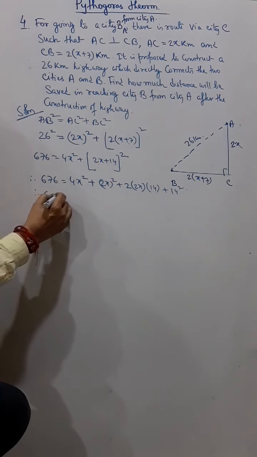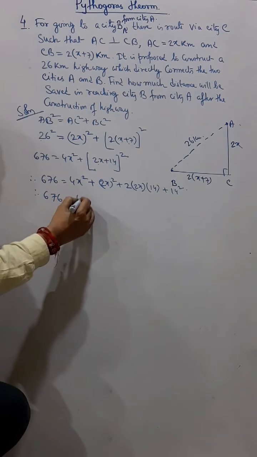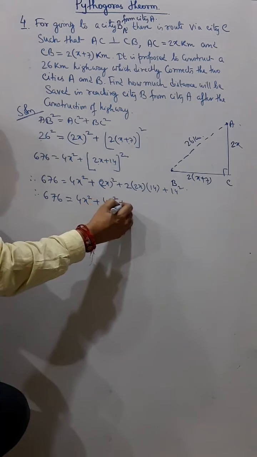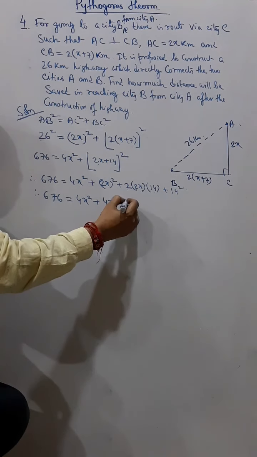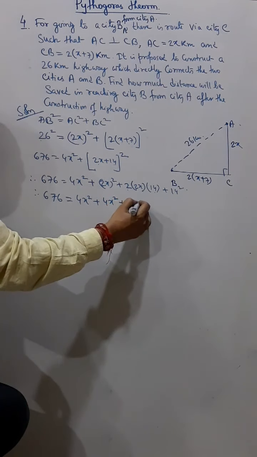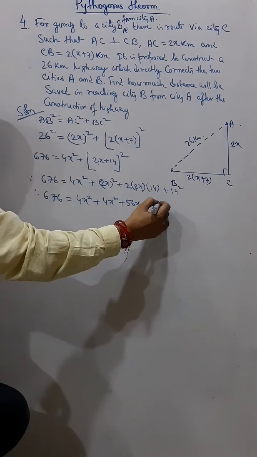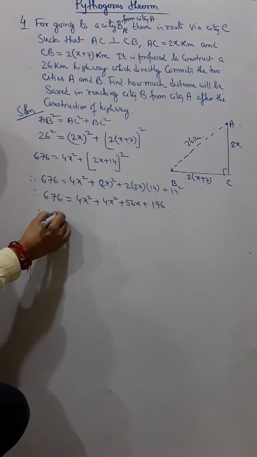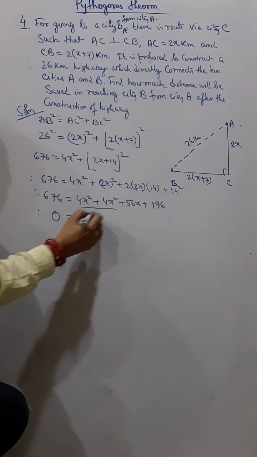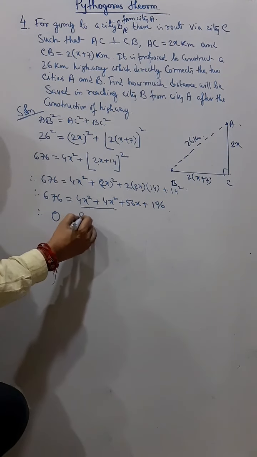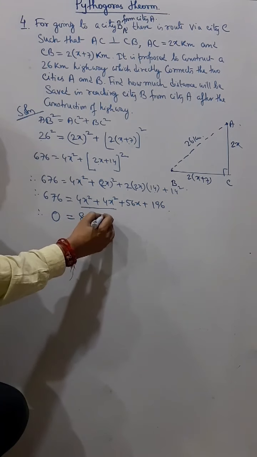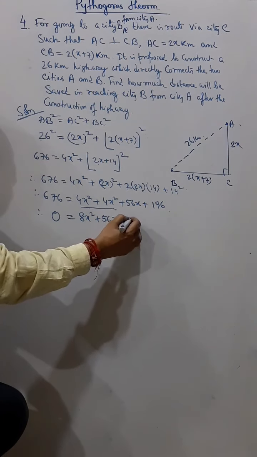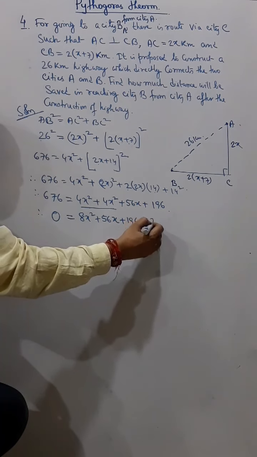So we got 676 is equal to 4x square, again 4x square here, we get 14 into 2, 2 into 2, 56x and 14 square 196. So finally we got 0 is equal to 4x square plus 4x square, we get 8x square plus 56x plus 196 minus 676.